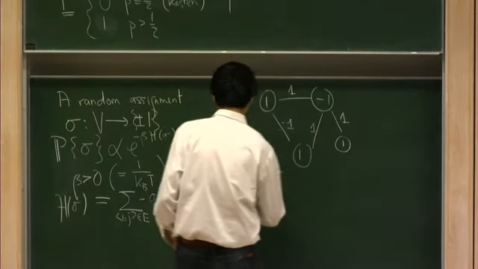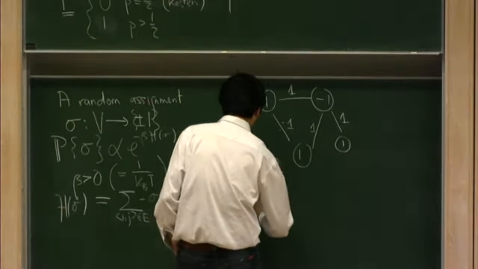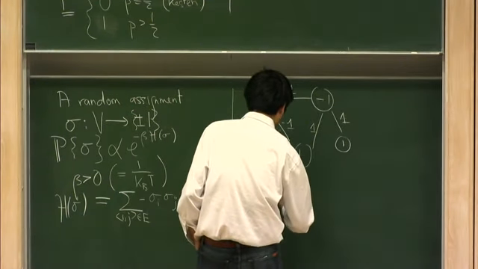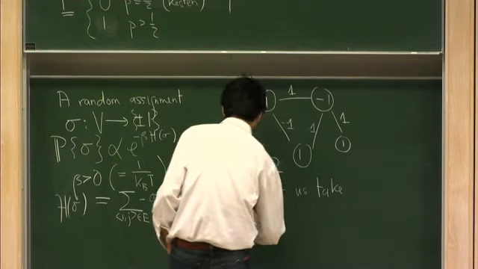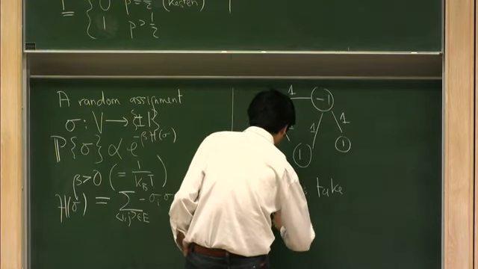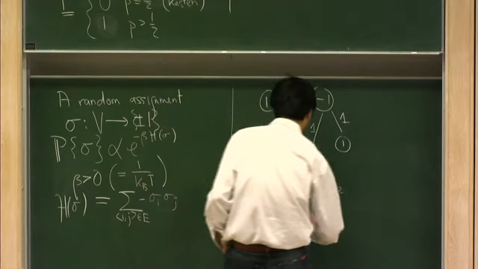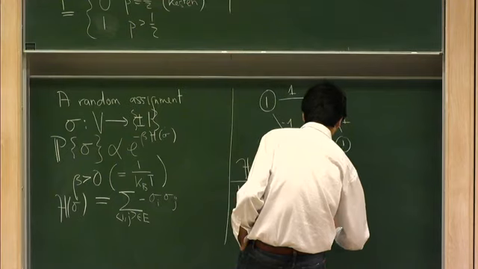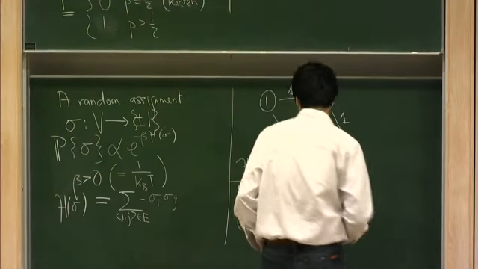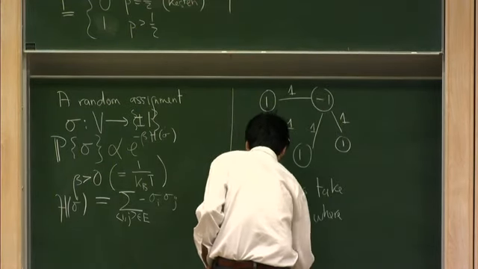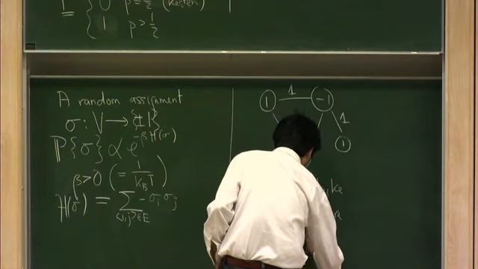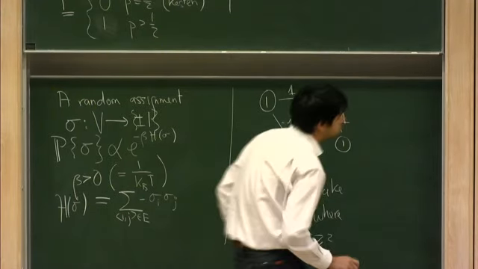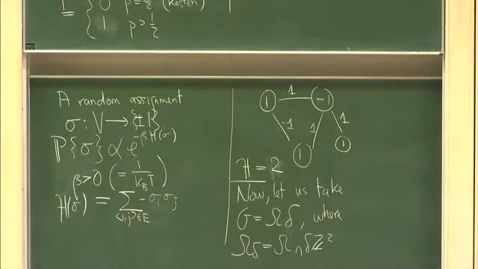So now let us take G to be a graph omega delta, where omega delta is the intersection of a domain omega of the plane with the square grid. Yeah, let me just make a picture.